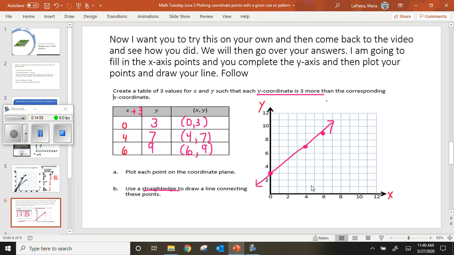So you have your origin, your x and your y. You looked at your rule, you followed your rule, and you found your y coordinate point. You wrote your x and y coordinate pairs, and then you plotted them and drew your line. Nice job.